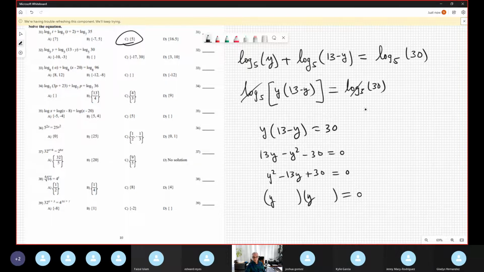You see the combination can open the door of the factorization or no? 15 and 2, maybe. All right. So 15 times 2 is 30, 15 minus 2 is 13.